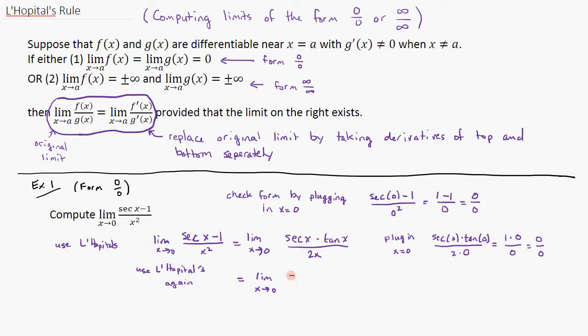So using the product rule, we get secant x times tangent x, which is the derivative of secant x, times the second function, tangent x, plus the first function times the derivative of the second function. The first function stays the same, and the derivative of tangent x is secant squared x. So that's the derivative of the top. The derivative of the bottom is 2.